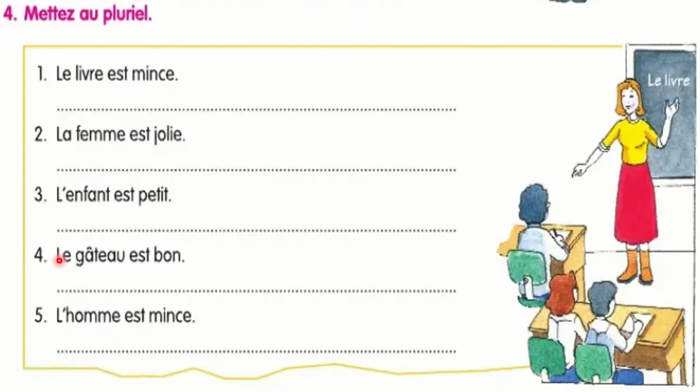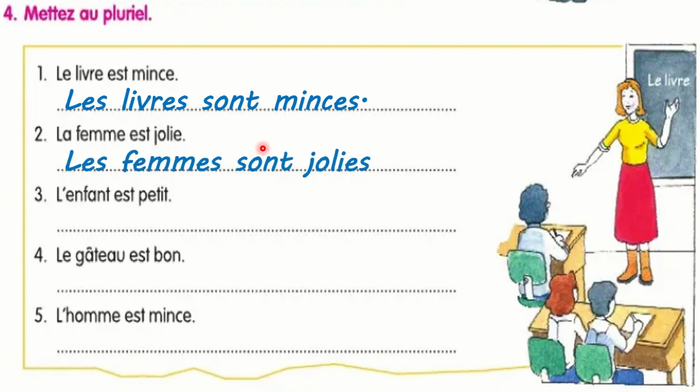Now here we are the question number 4, that is mettez au pluriel, put in the plural form. Firstly we have le livre est mince, that means the book is thin. So the translation would be les livres sont minces, the books are thin. Next we have la femme est jolie, the woman is pretty. Les femmes sont jolies, the women are pretty.